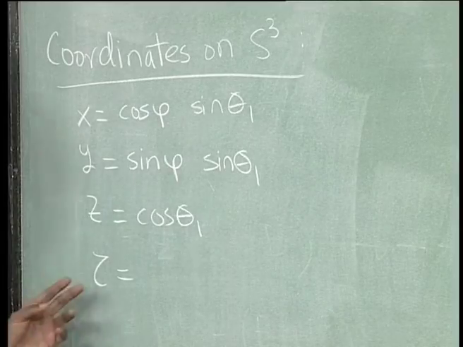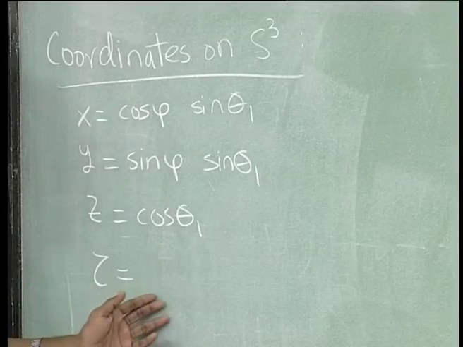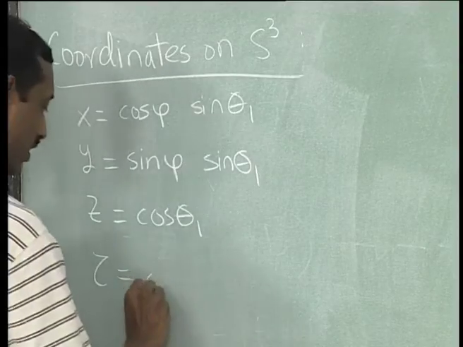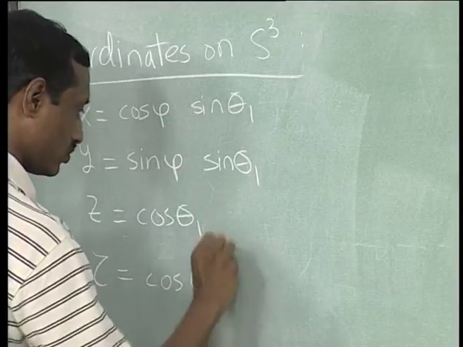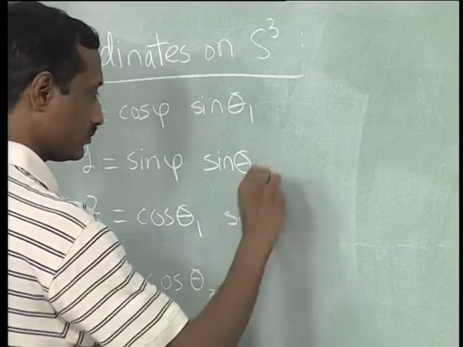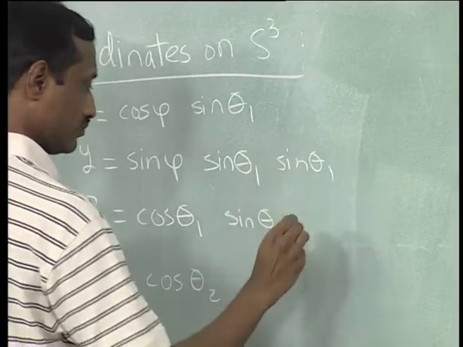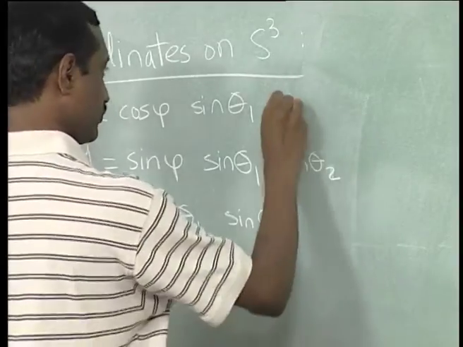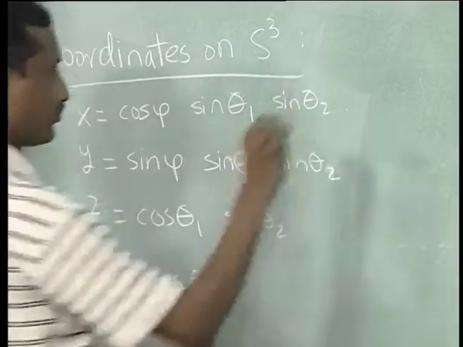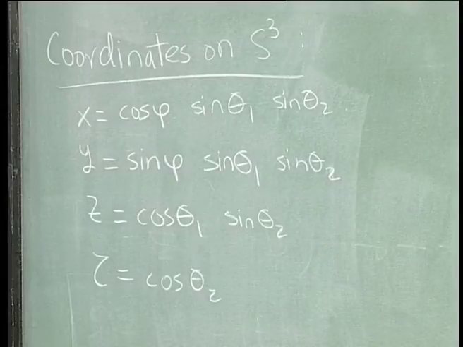in the hypersphere, or the 3-sphere, is to add one more angle, and I just do the same thing. I just do this cosine theta 2. The only thing I need to do is work out what the measure is.